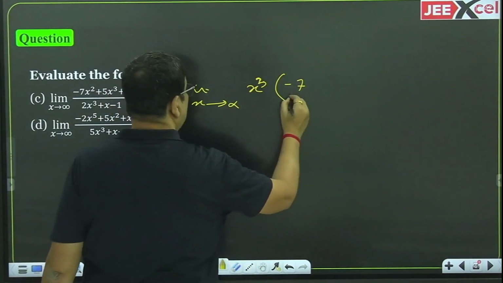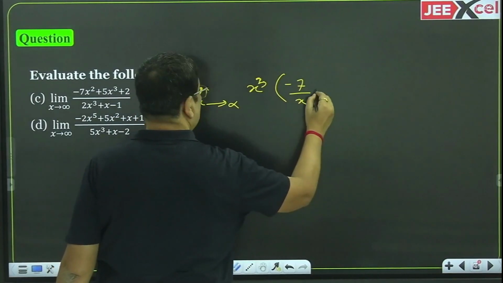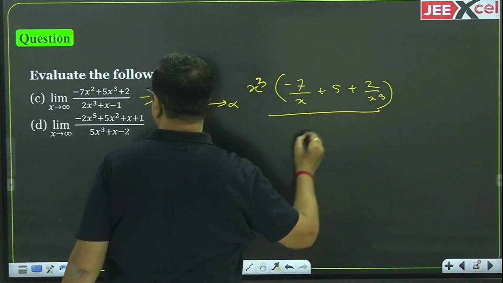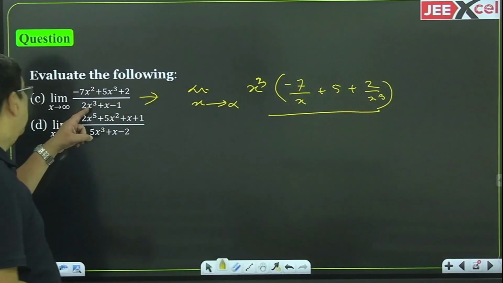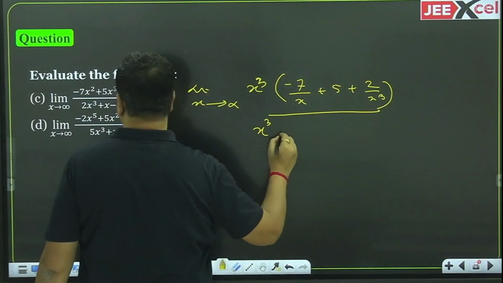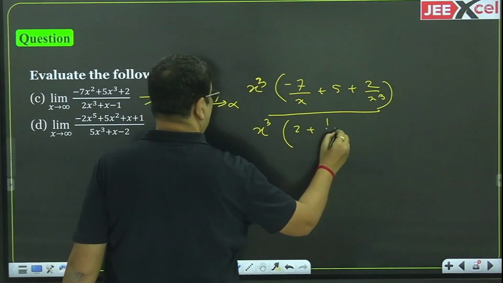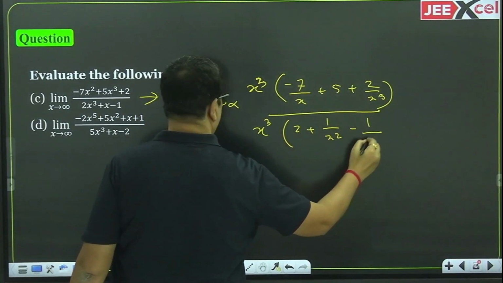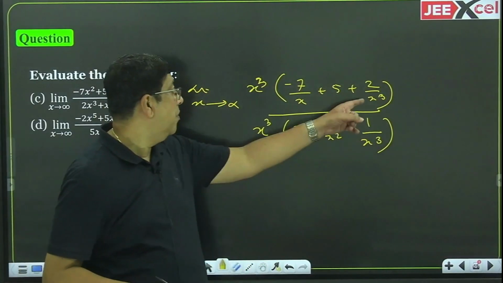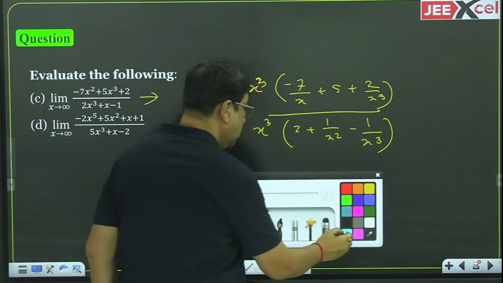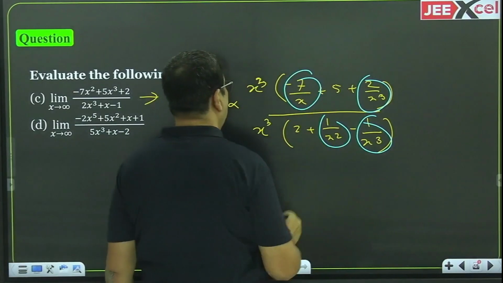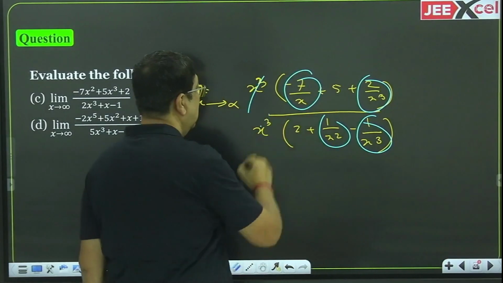If we take it common, -7 by x plus 5 plus 2 by x cube, total divided by, from the denominator, if we take x cube common, what is coming? x cube and 2 plus 1 by x square minus 1 by x cube. So same concept, x tends to infinity, 1 by x, all are coming 0, this is 0, this is 0, this is 0, this is 0, and x cube and x cube are getting cancelled.